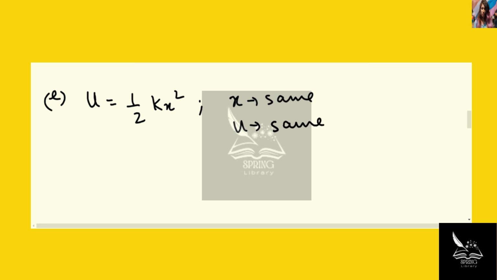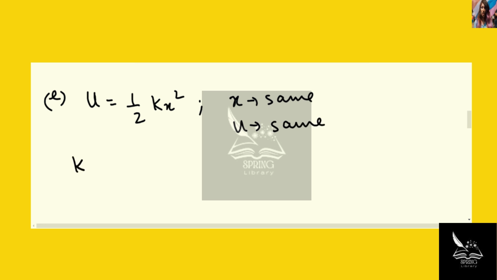So now let's move on to the E part. In the E part, we have the energy, that is U equal to half k x squared. Because x is the same, U will also be the same. This is the potential energy.